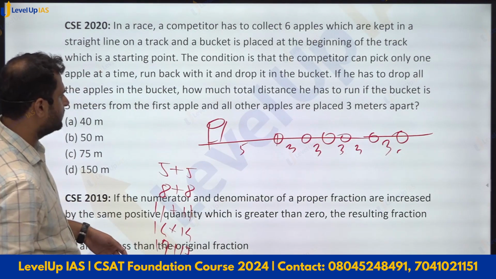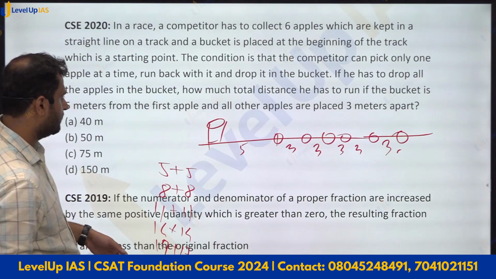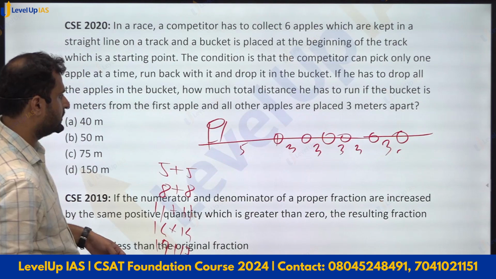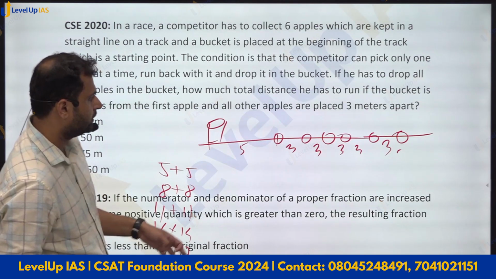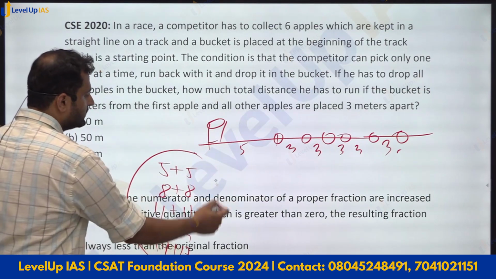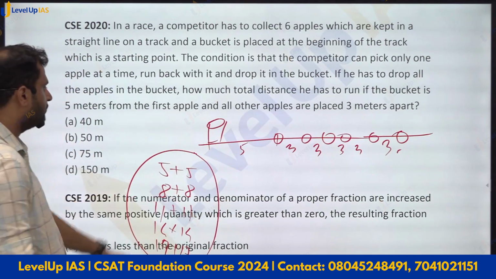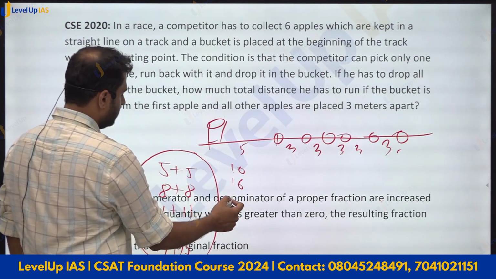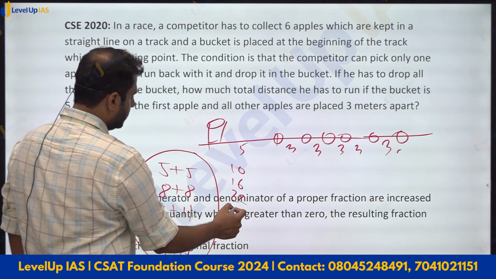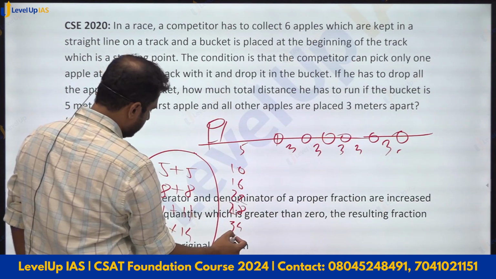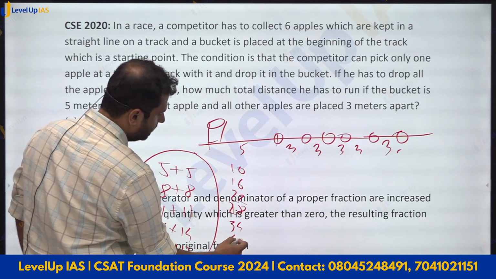Is there some mistake? Right? Yes. So this is the total distance traveled. Just add them and you will have your answer. This is 10 plus 16 plus 22 plus 28 plus 34 plus 40.